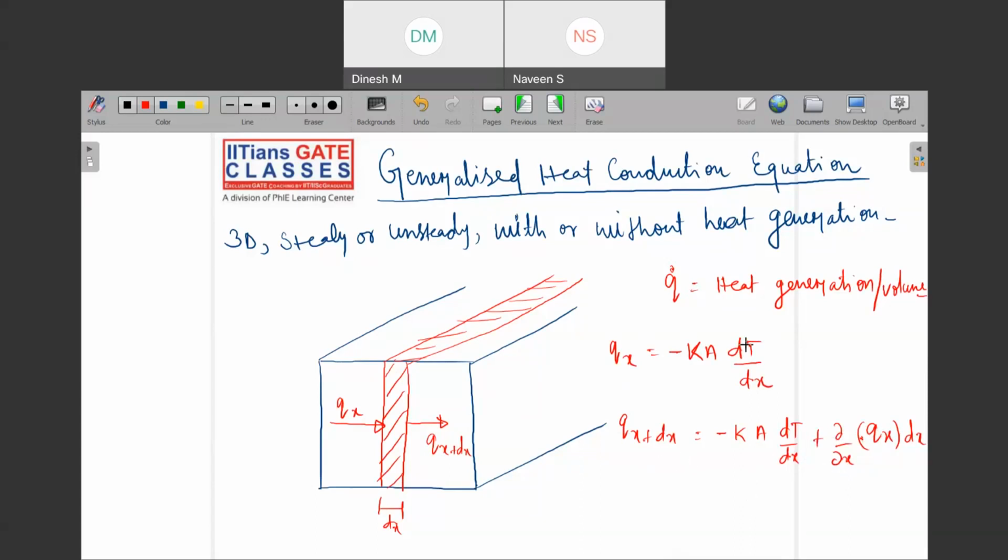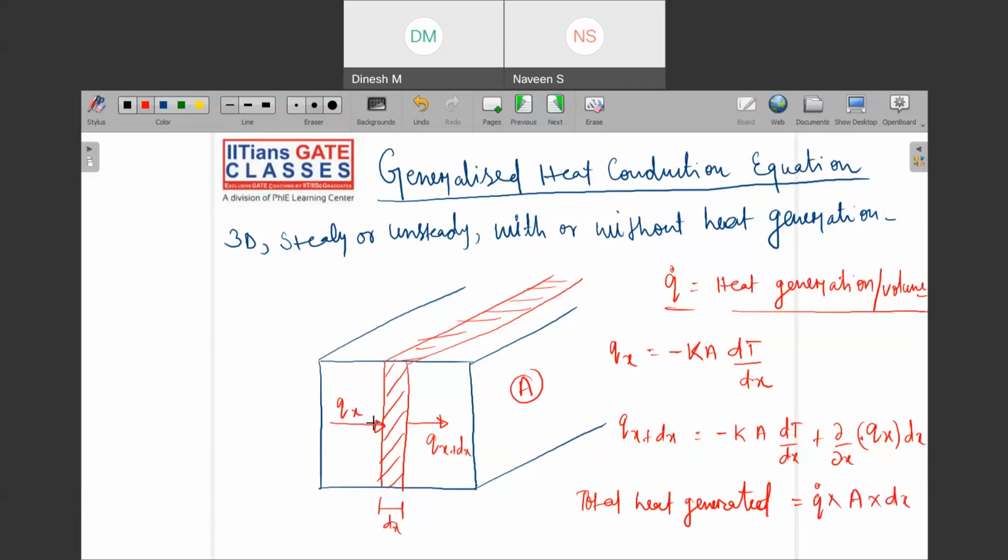And if q dot is the heat generation per unit volume, then what is the total heat generated? This becomes q dot into volume, and I am talking about this strip. So q dot into cross sectional area, which is constant, A, into dx.